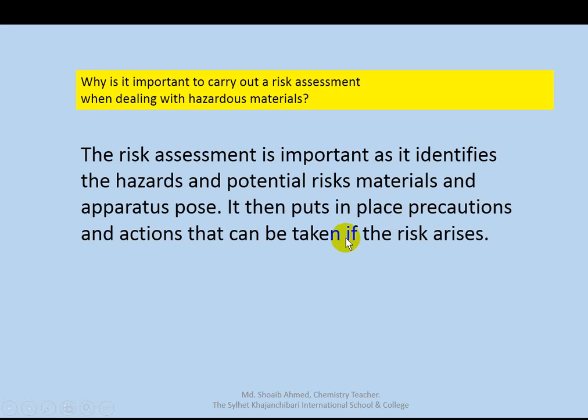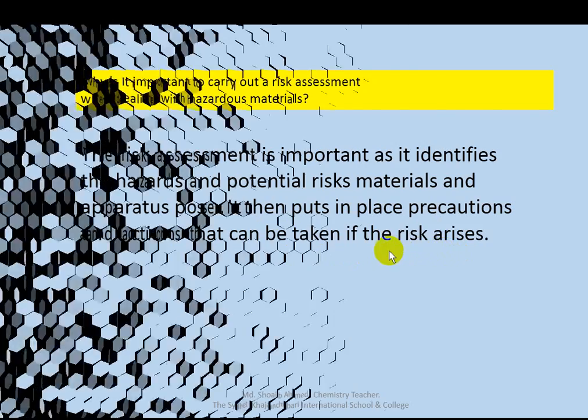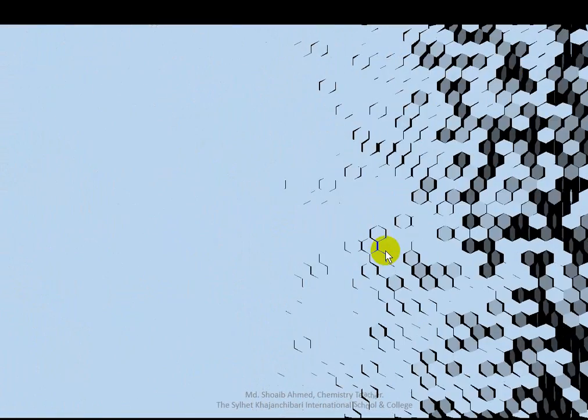Then we can put precautions in place and plan actions that can be taken if the risk arises. So risk assessment is important.